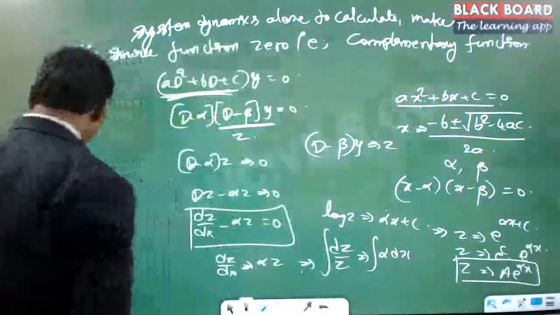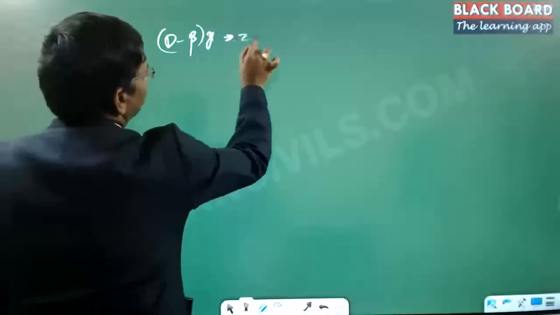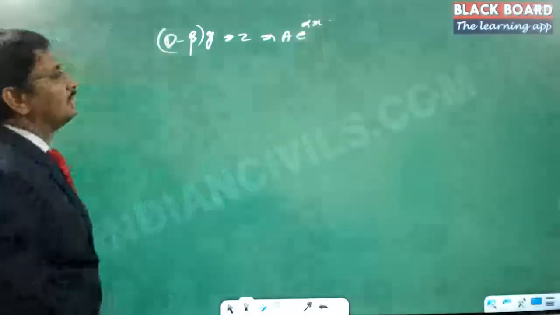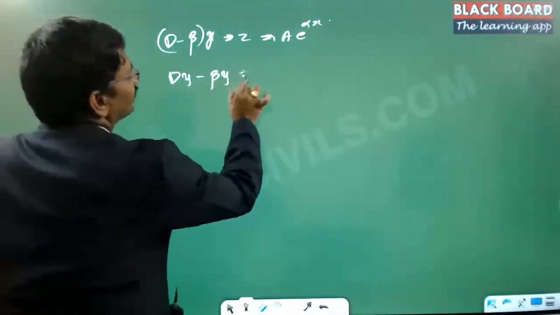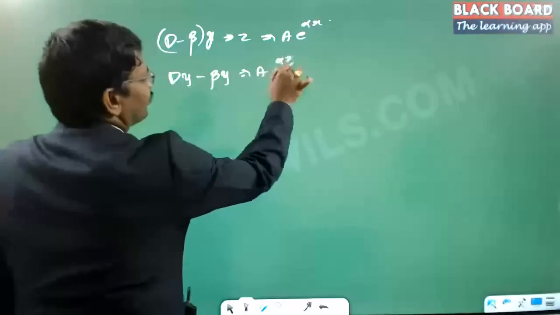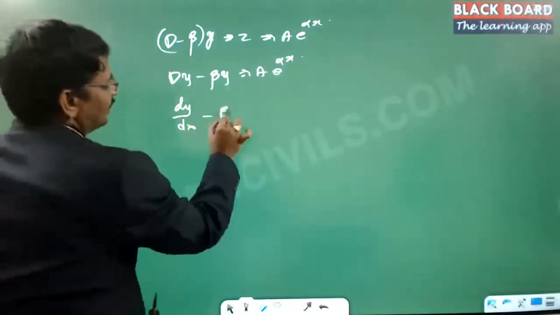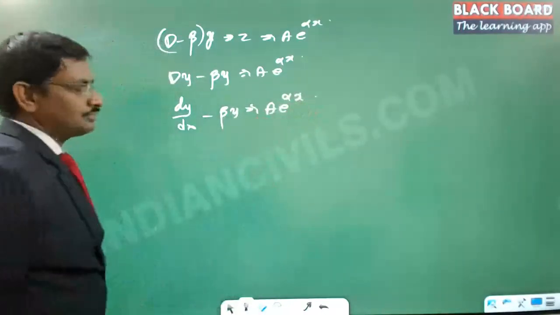Okay. So (D minus beta) of y is equal to z, and this z value is coming out to a into e power alpha x, right? Or this is Dy minus beta y is equal to a into e power alpha x, or dy by dx minus beta y is equal to a into e power alpha x.